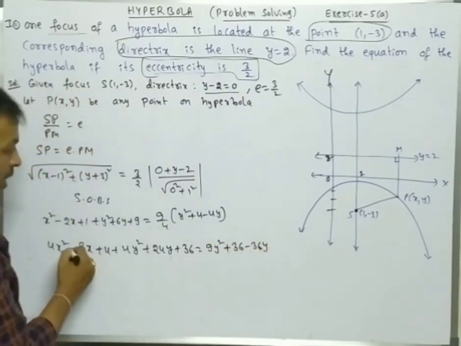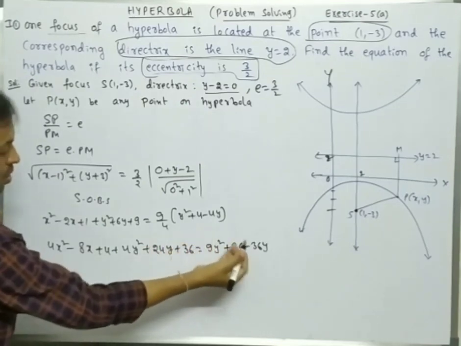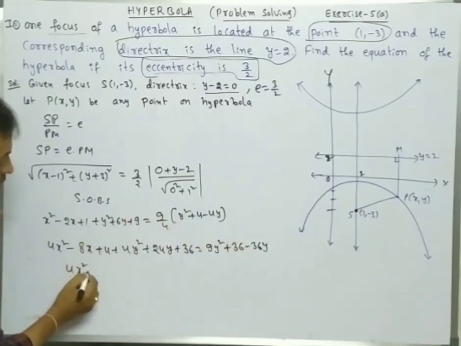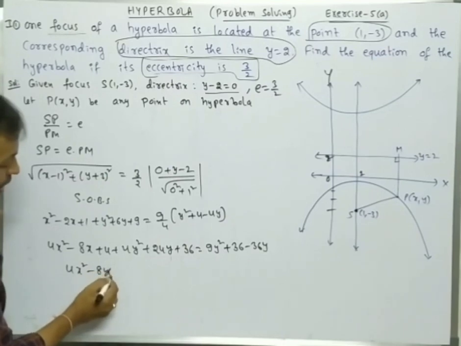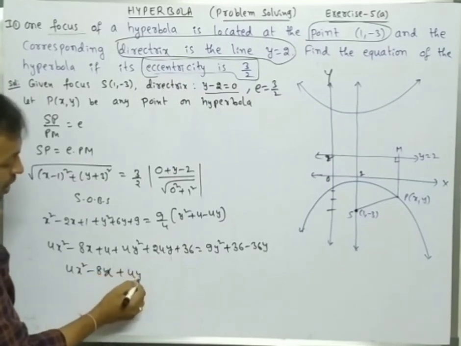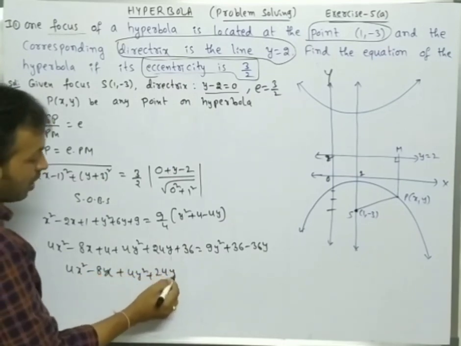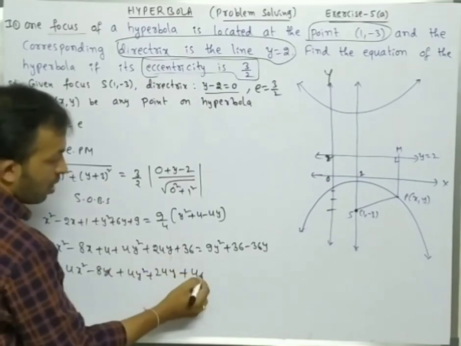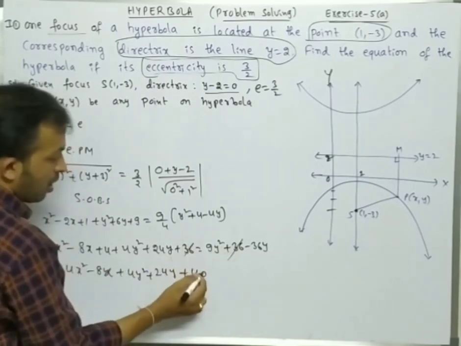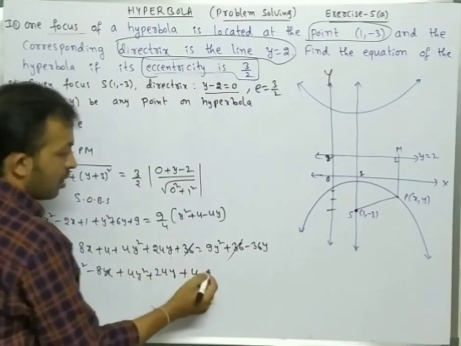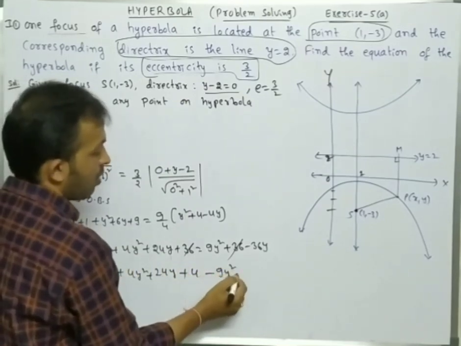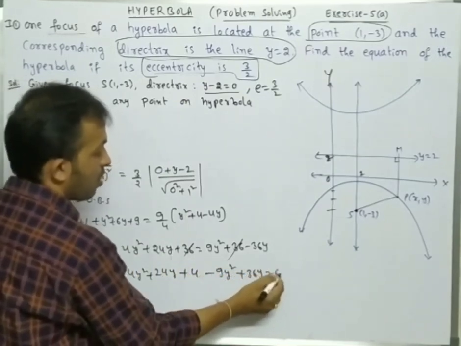Okay, rearrange the terms, bring those terms to the left side, and you will get 4x square - 8x + 4y square + 24y + 36 - 36 cancel, 4 is remaining here, - 9y square + 36y = 0.